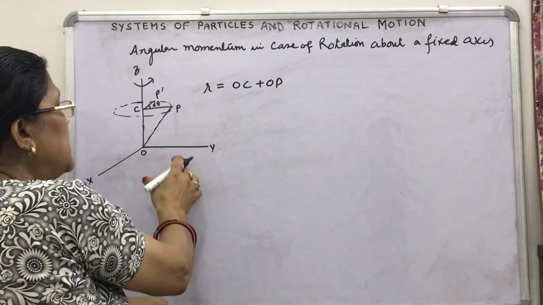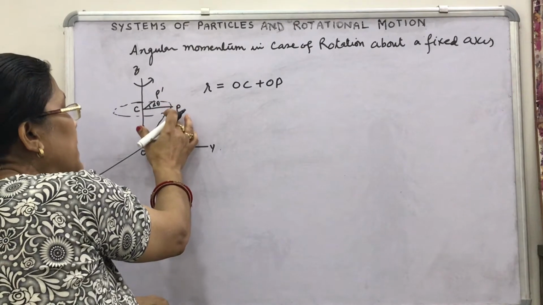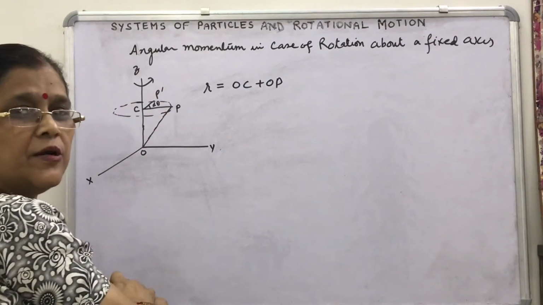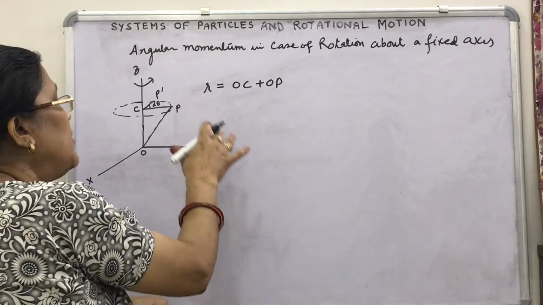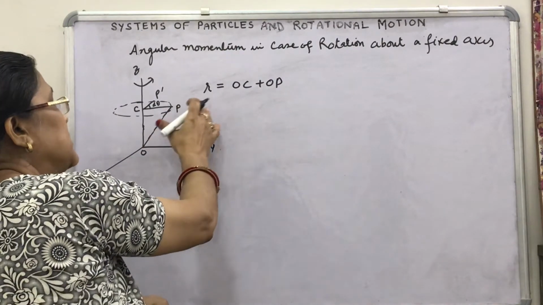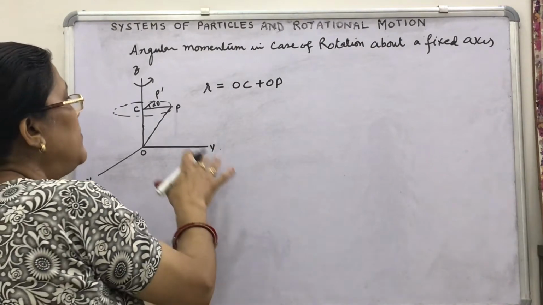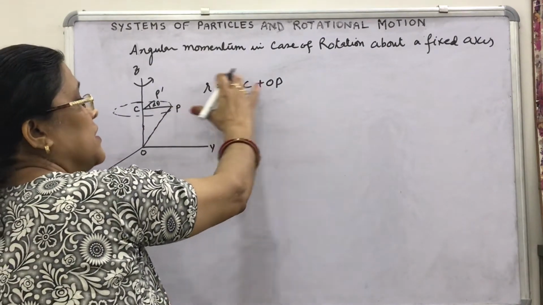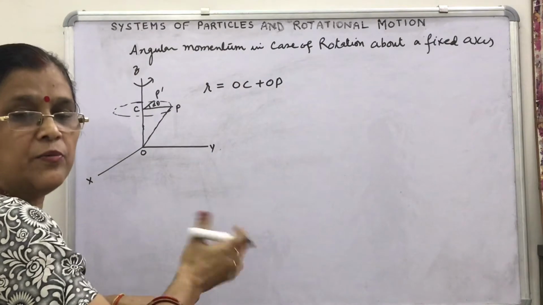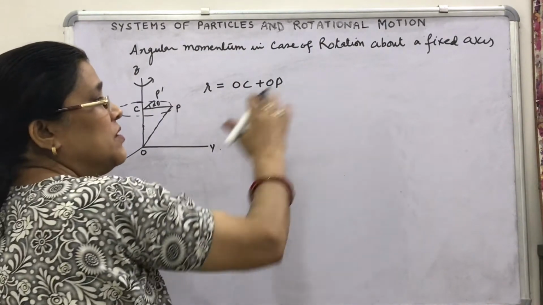If we consider one particle's angular momentum, then by taking all particles' angular momentum and their vector sum, we can find the angular momentum of the whole rigid body rotating about the fixed axis.